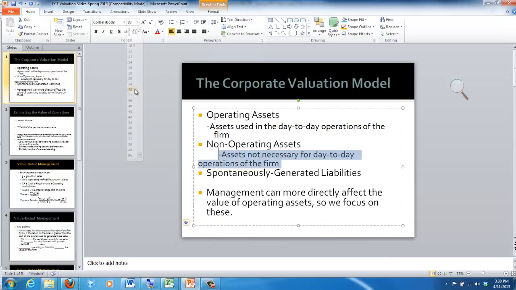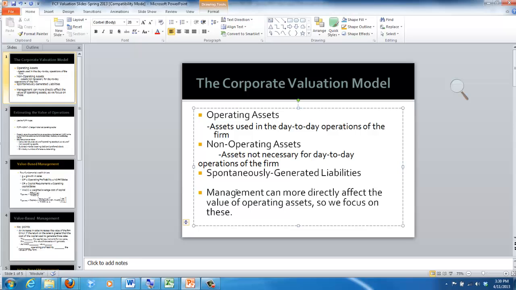Primarily, these are generally marketable securities or short-term investments, which is the excess liquidity that firms often have. And there are also sometimes intangibles, accounting assets, things like that, things that we don't need for the day-to-day operations of the firm, so we don't include that in the value of operations for the firm.